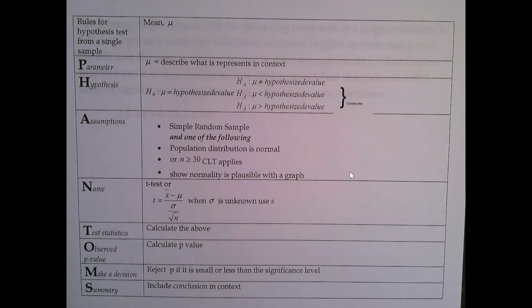Now, for your assumptions, you need to say that it's taken from a simple random sample. Again, of course, that's always the case unless you do an experiment, but we'll talk about those types of problems later on. Your population also needs to be normally distributed in some way.